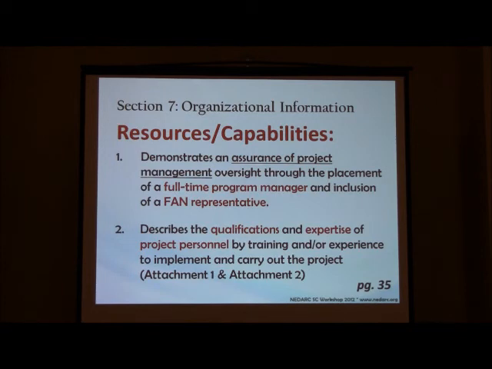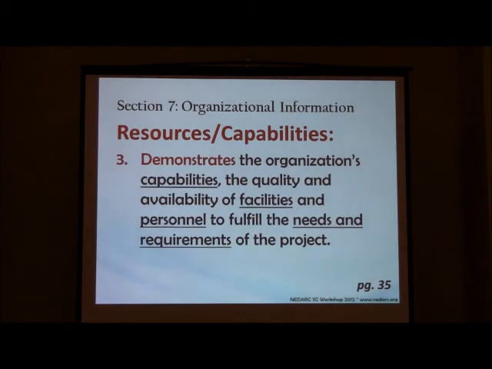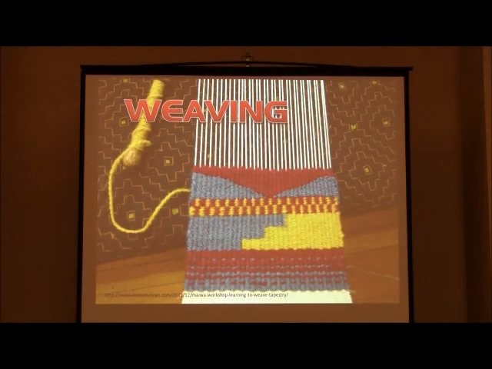So what you have that makes it so you can carry out this project. And then it also says to demonstrate the organization's capabilities, the quality and availability of its facilities, and personnel to fulfill the needs and requirements. So capabilities, facilities, and personnel that demonstrate that you can get the job done. So what we're going to do is weave all of these things together and come up with a little organizational information narrative.